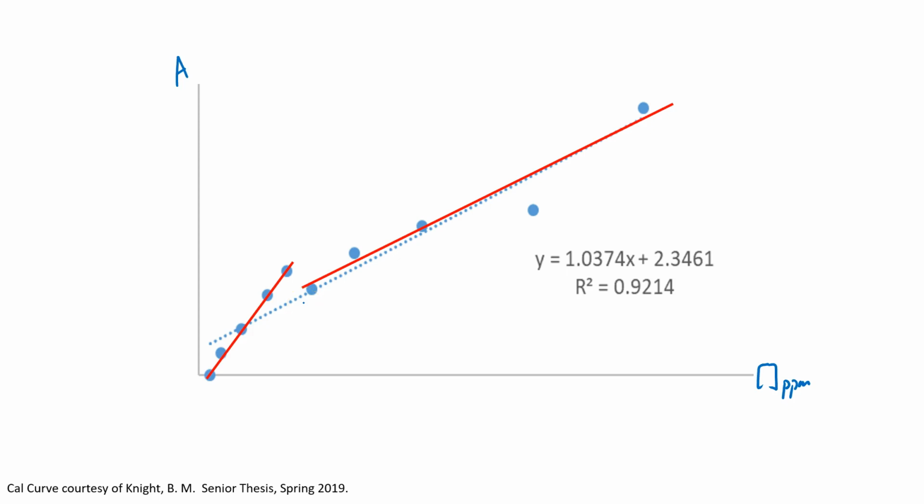So remembering Beer's law, and what have we done? We've plotted absorbance versus concentration. This is the slope of our line, isn't it? So now the question becomes, why did this slope change?